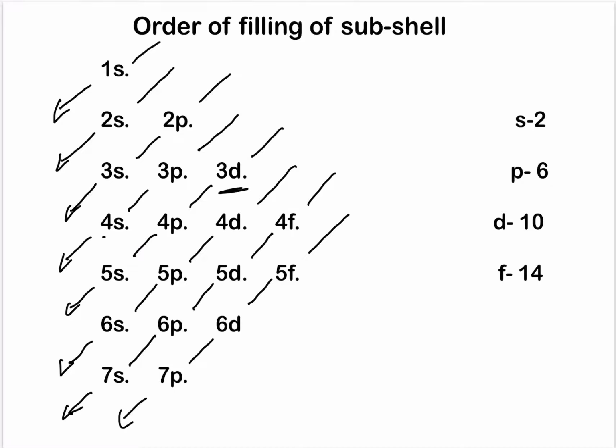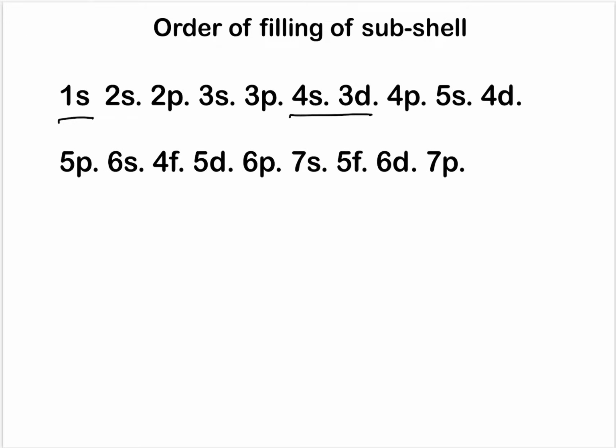Then the order of filling of subshells was like this: 1s, 2s, 2p, 3s, 3p, 4s, and so on. If you're still not sure, you can go back to the previous lesson and observe it. Then I again showed you the order of filling of subshells. I hope you have understood that. If not, you can go back to the previous video and watch it.